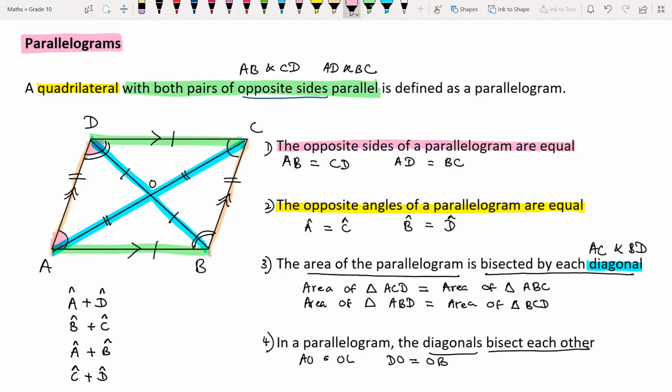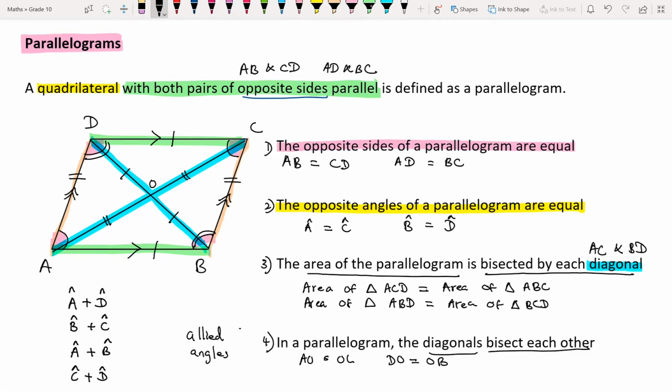When you add these two angles, you get 180 degrees. Similarly, if you add angle B and angle C, again you get 180 degrees. So these angles are called allied angles, right?